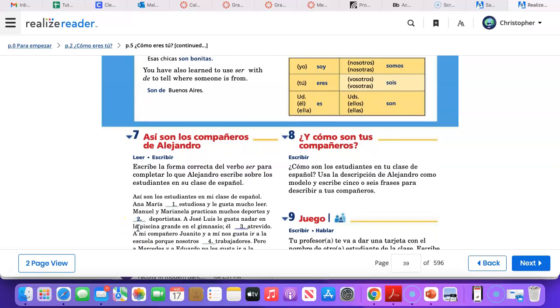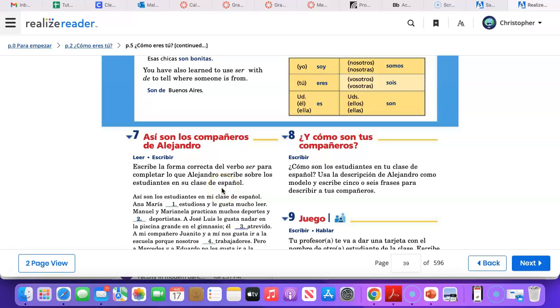We're going to do one more together. A José Luis le gusta nadar en la piscina grande en el gimnasio. Now this looks like it might be more than one person, right? Because you have 2 names here. Often in Spanish, they will go by their first name, middle name, and then in at least in Spanish-speaking countries, they adopt both the last name of their mother and their father.